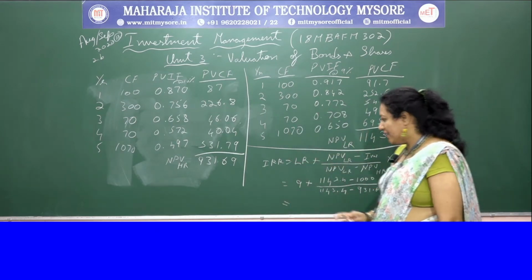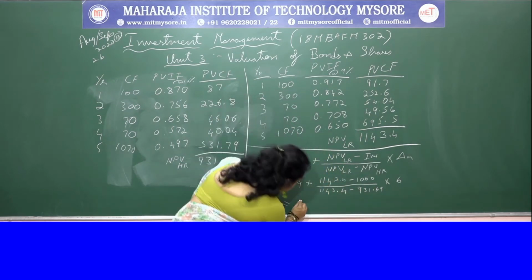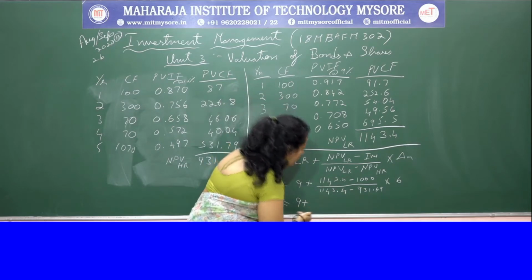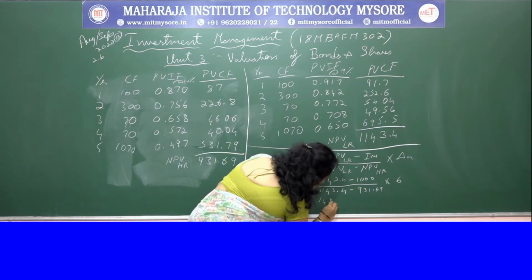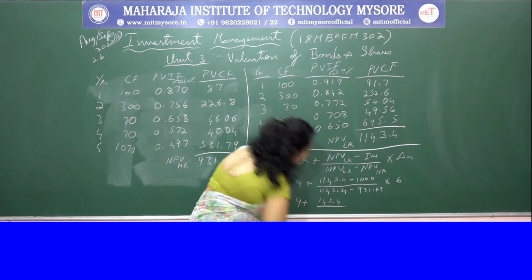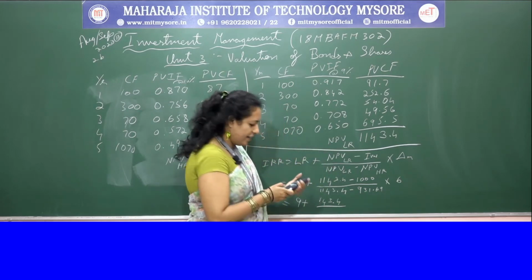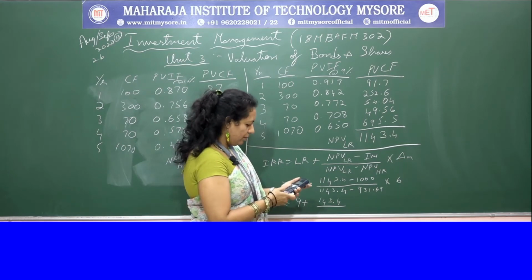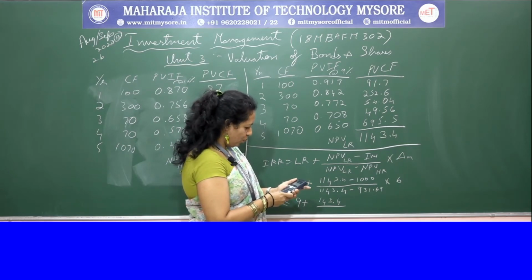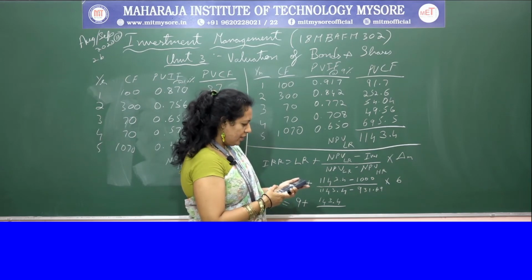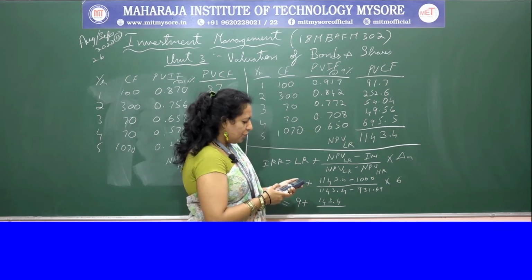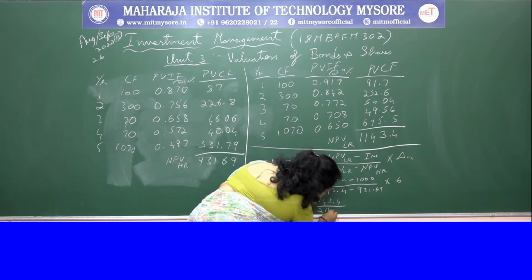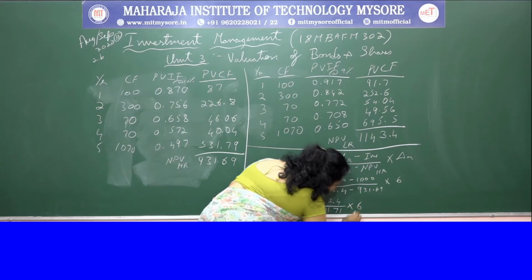So we are going to calculate this. So 9 plus, first I'll just deduct this. The deduction you can do: 143.4 divided by this, I'll deduct, you get 60 something. 1143.4 minus 931.69, you get 211.71, into 6.